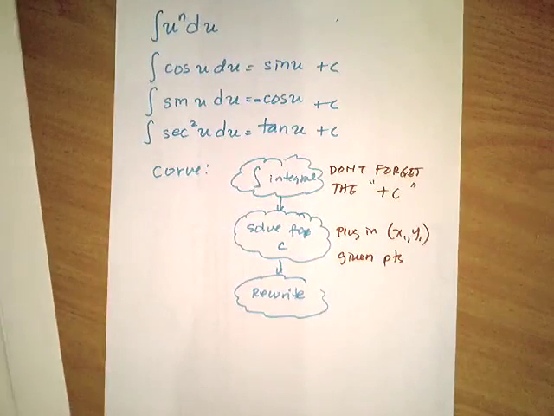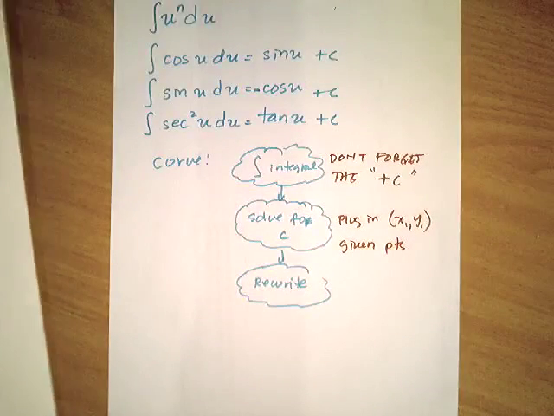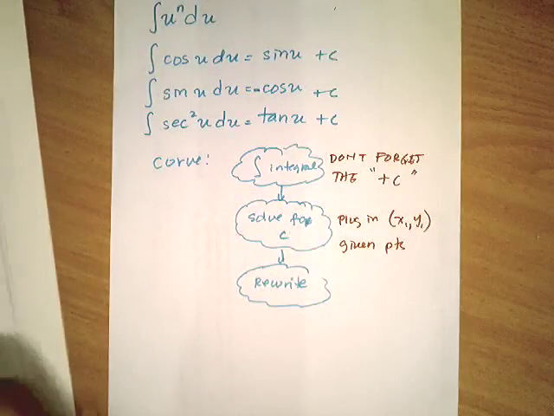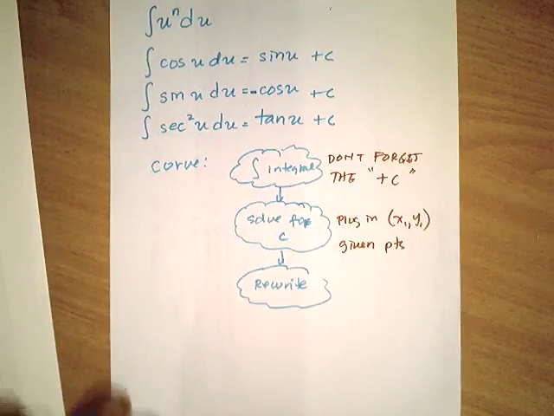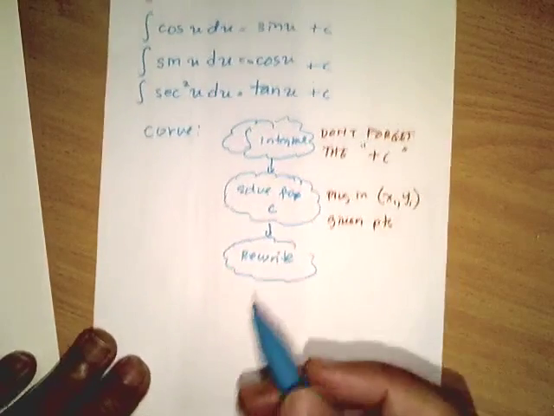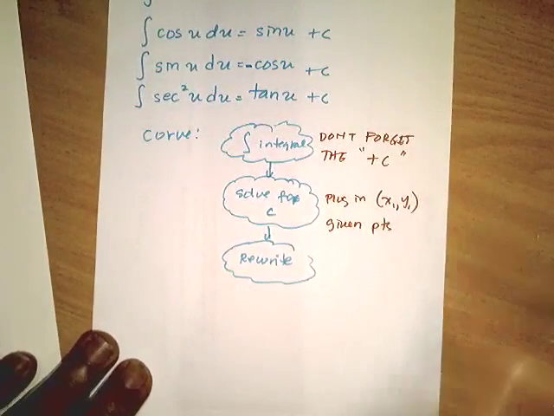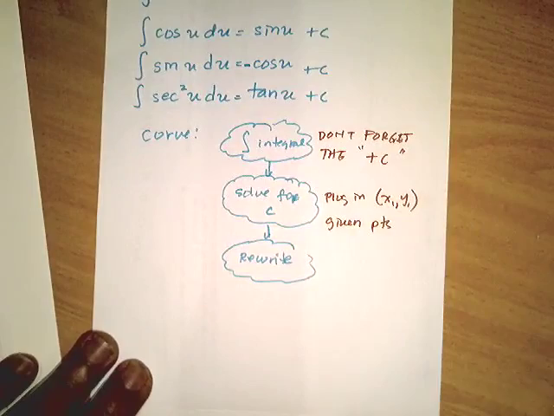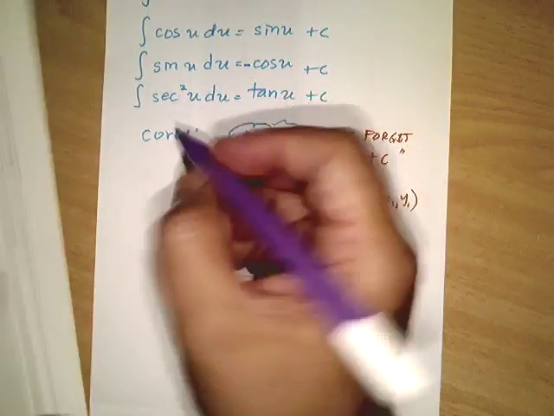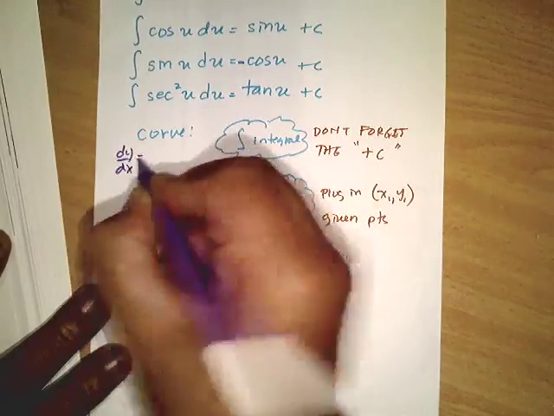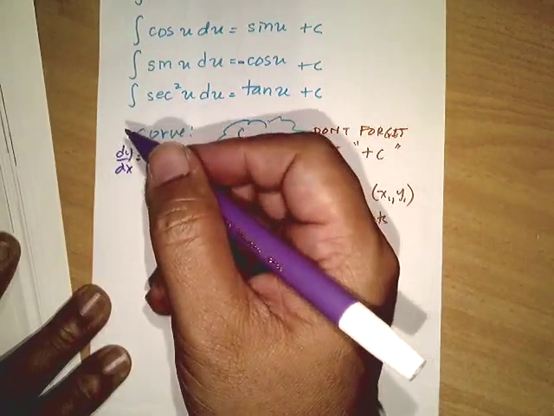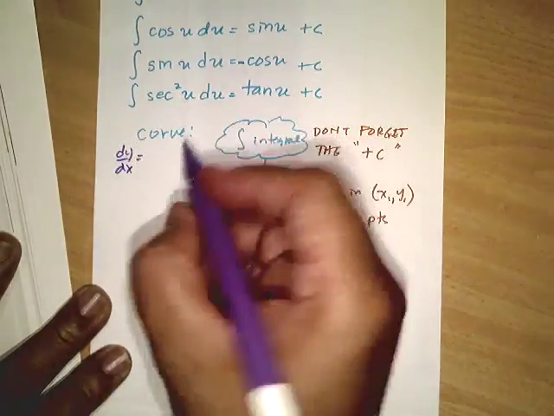Let's try to have an example. Suppose I am looking for the equation of the curve of the function where the dy/dx, or the gradient function, is equal to sine x plus cosine x.